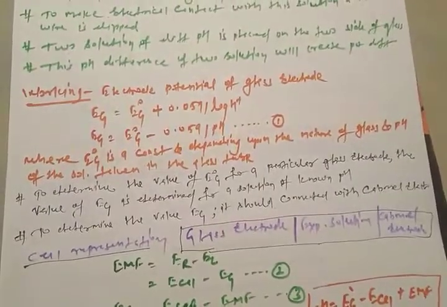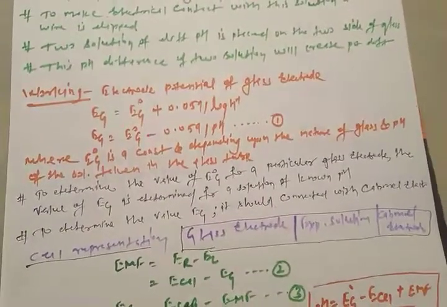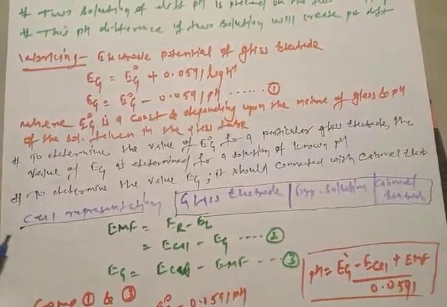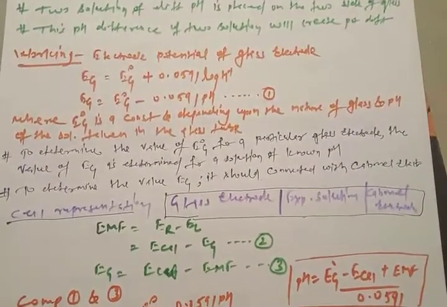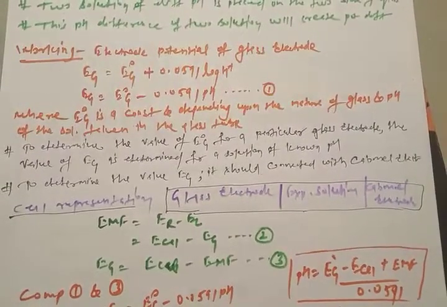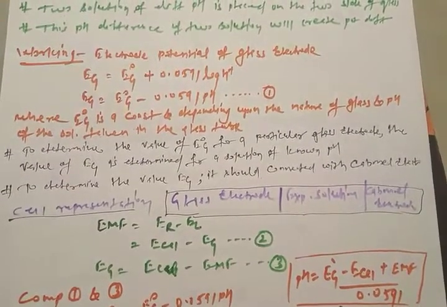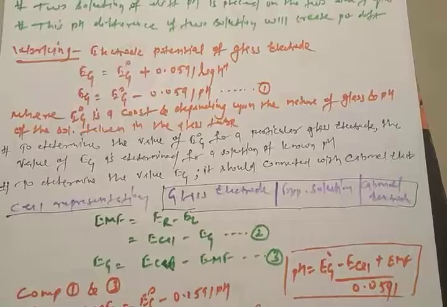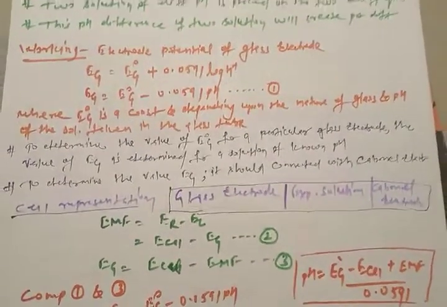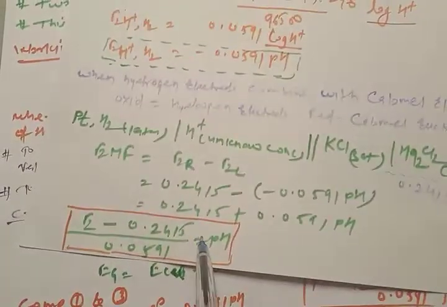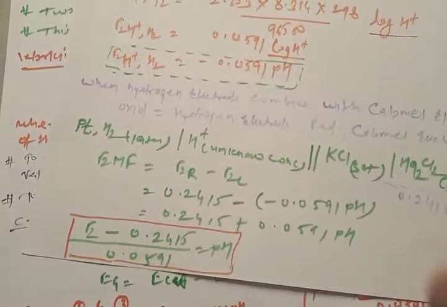So now we have three different values for the pH calculation. This is for the glass electrode, if you remember. And then we have a value which I am showing you, this is for the hydrogen electrode, a very simple one.